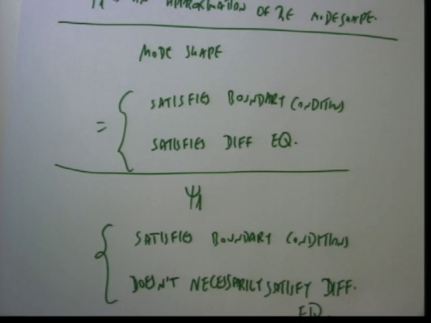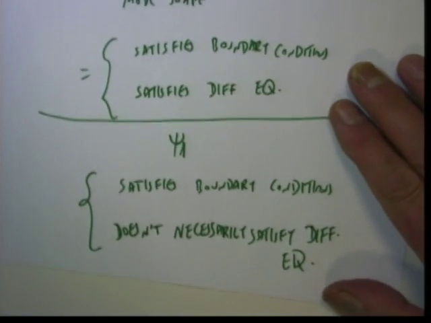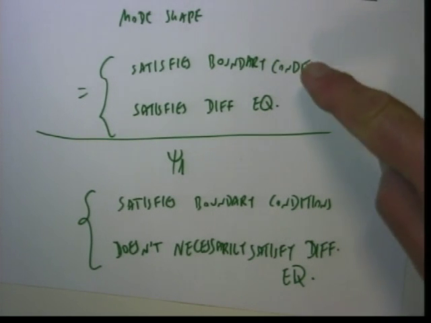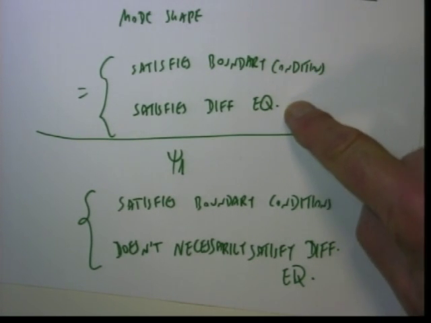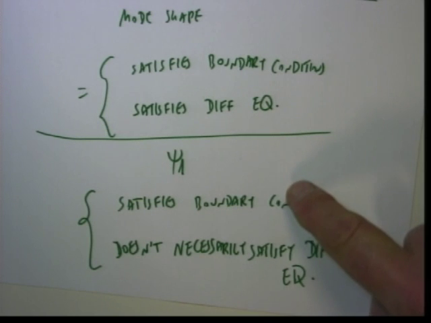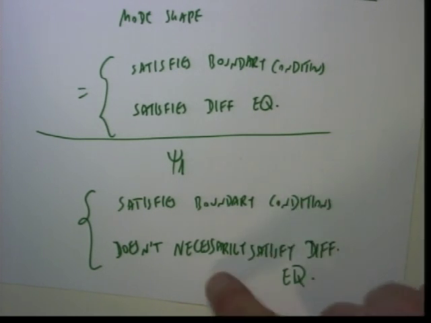So that is a correlation, so to say, between mode shapes and psi1. Mode shape satisfies both boundary conditions and governing differential equation. Psi1 satisfies boundary conditions, but not necessarily the differential equation. That is why it is an approximation. Had it satisfied both, then it would be an exact solution.